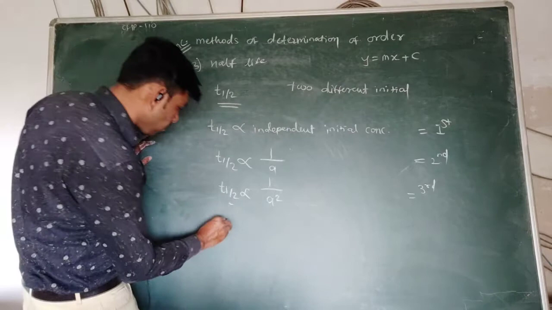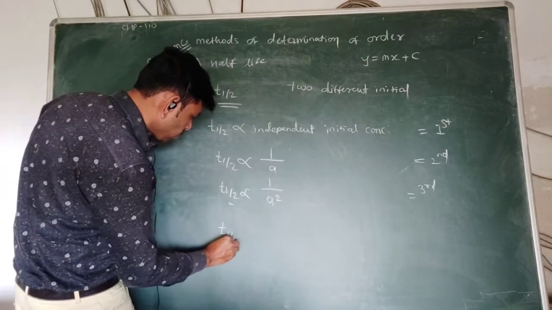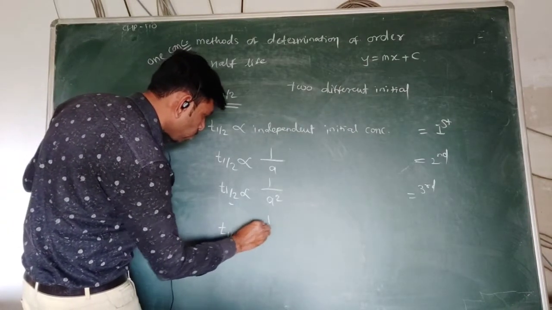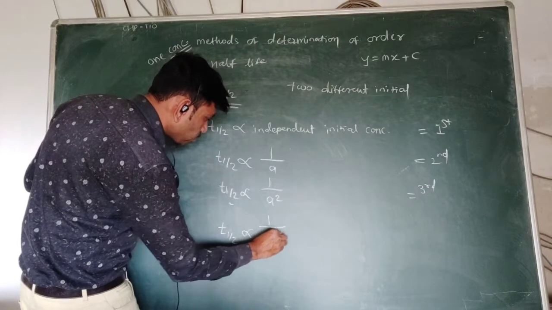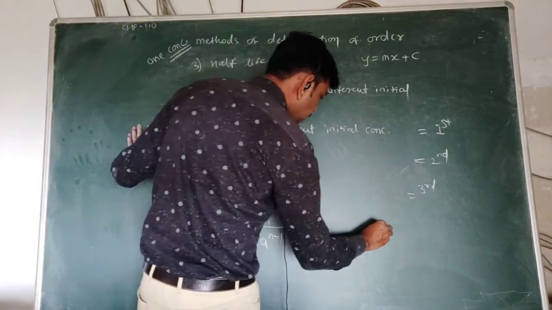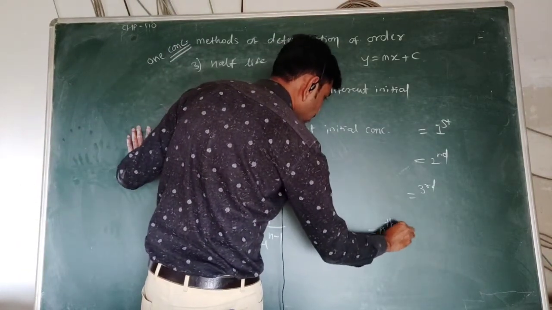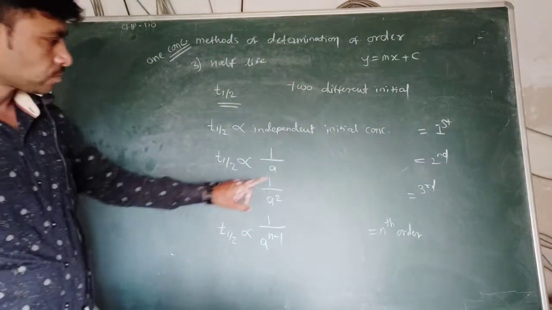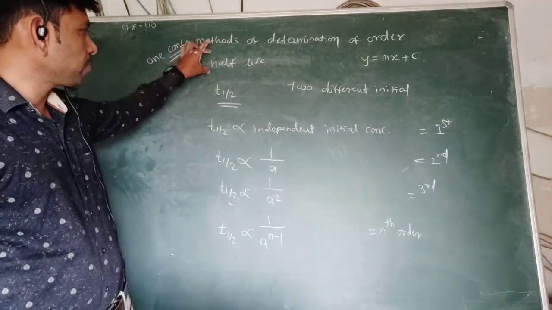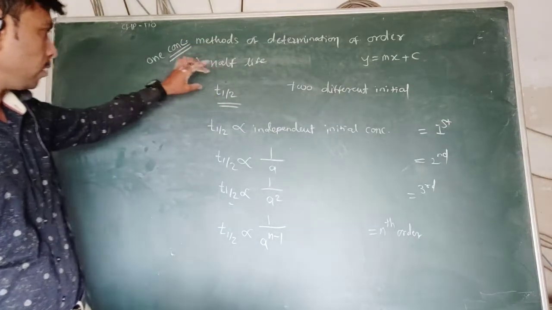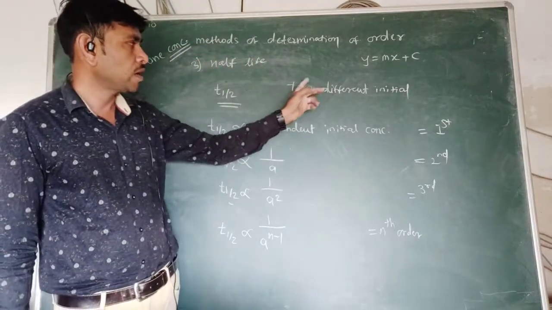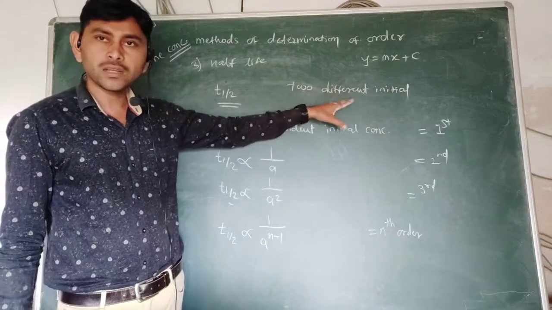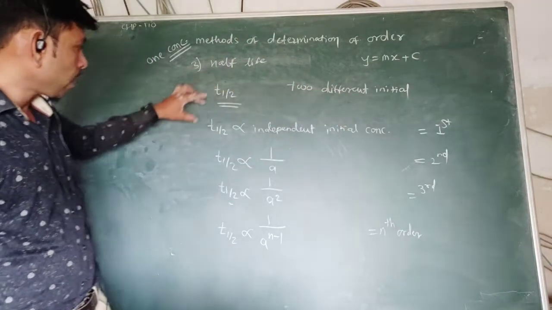So in general we can write t half is proportional to 1 upon a raised to n minus 1, and the reaction is nth order. This is the half-life method, where we determine half-life at two different initial concentrations.